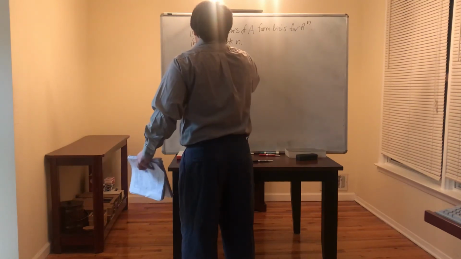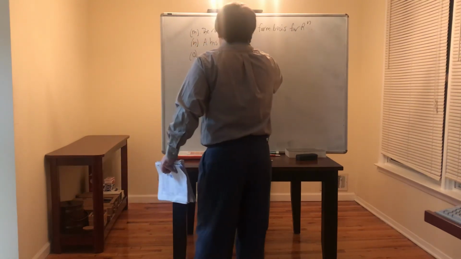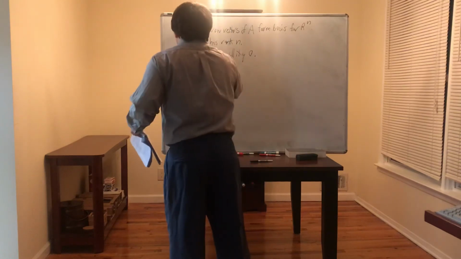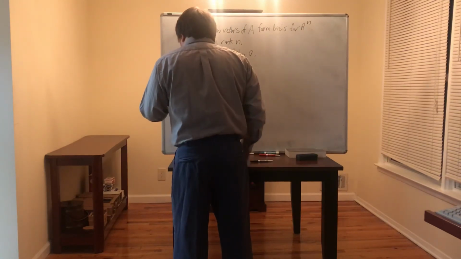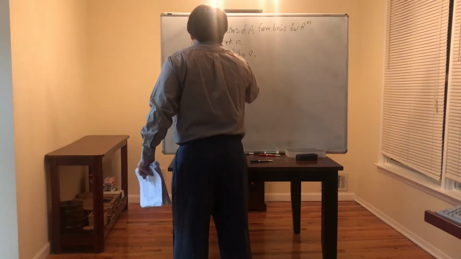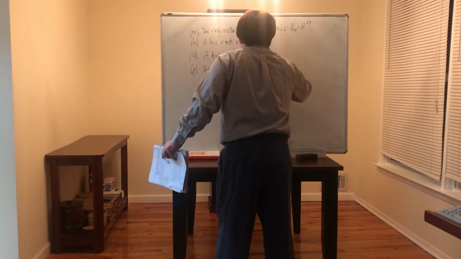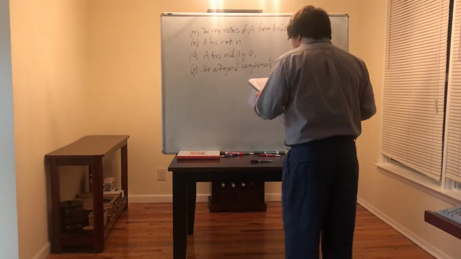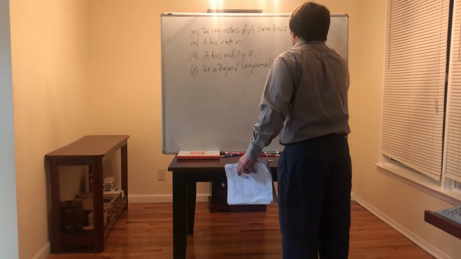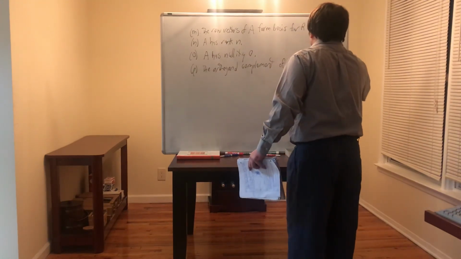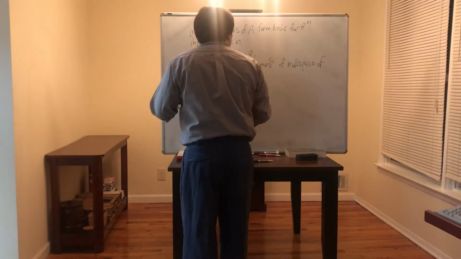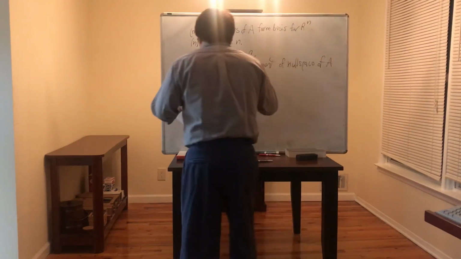O, A has nullity 0. P, the orthogonal complement of the null space of A is Rn.